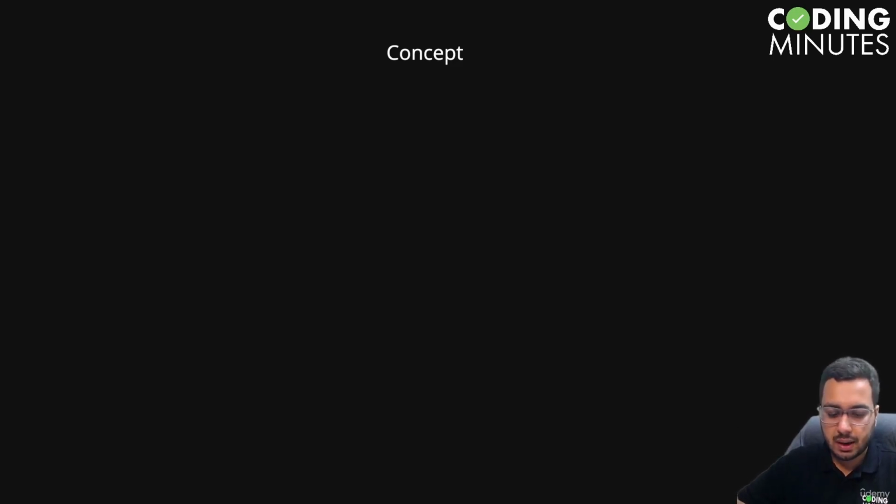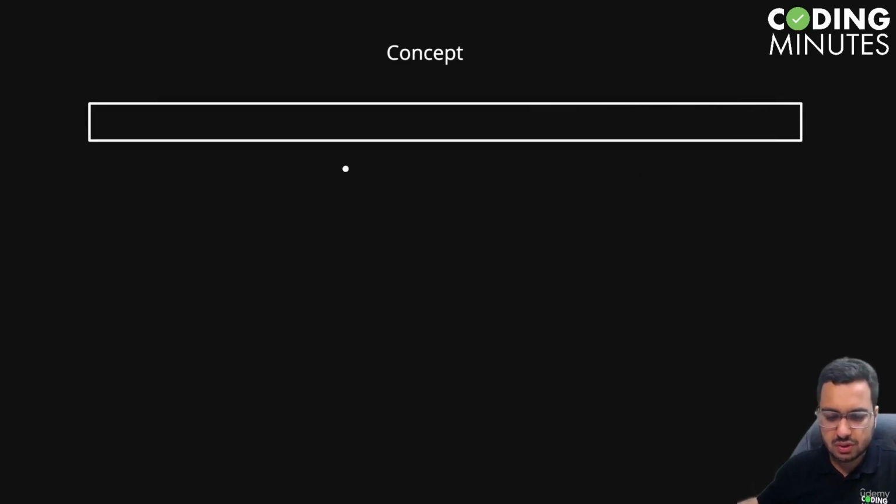Let me just draw a big array, and right now I'm just assuming it has the numbers from 1 to 20, but it could be a larger range as well. It starts from, let's say, 1 and goes till a certain index, let's say n, and n could be a large number such as 10 power 6 or 10 power 7. So we are going to first write down all the numbers.